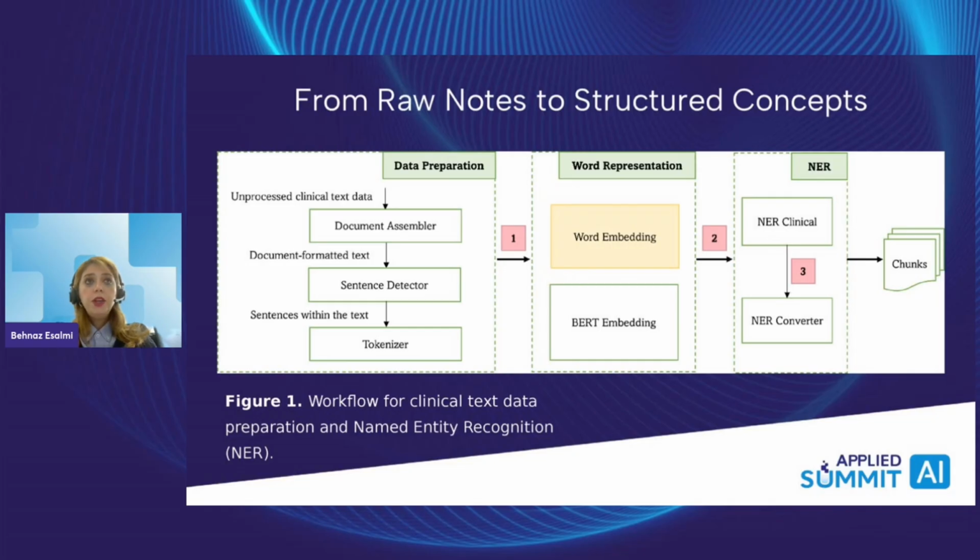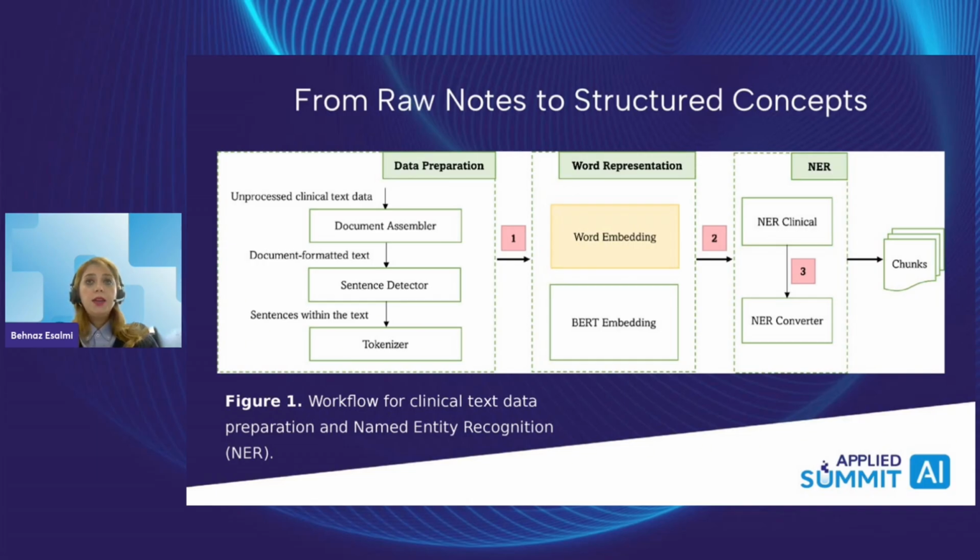Figure 1 shows you the pre-processing pipeline of our work. As you can see here, we started from raw notes and changed those notes to structured concepts. But how? We start with raw text, break it into sentences, tokenize, and generate contextual embeddings.